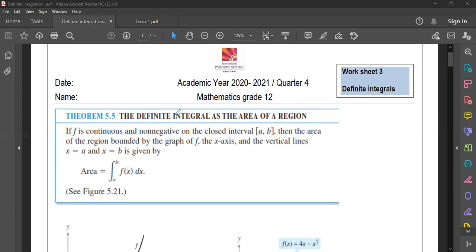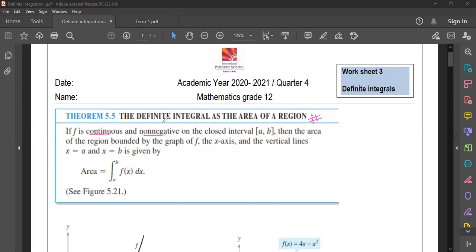Let's begin with this theorem, which defines the definite integral and the area of a region. Which region? Look here. According to this theorem, if the function f is continuous and non-negative, continuous means there is no interruption in the curve of the function. What is the meaning of non-negative function?